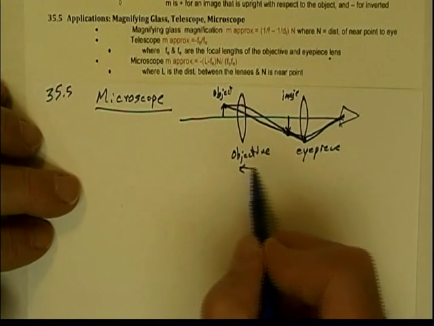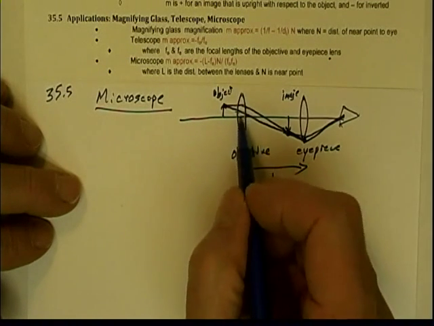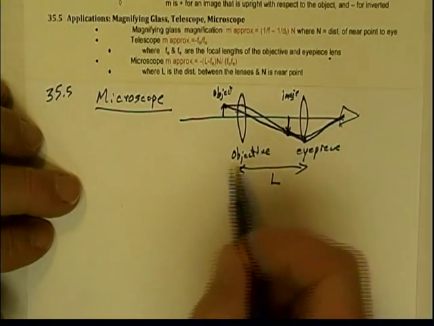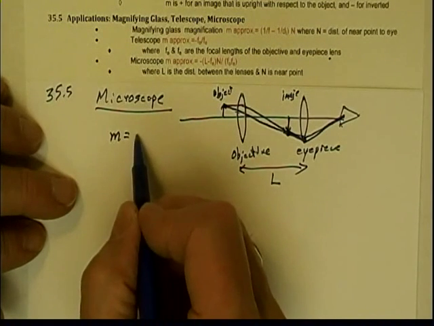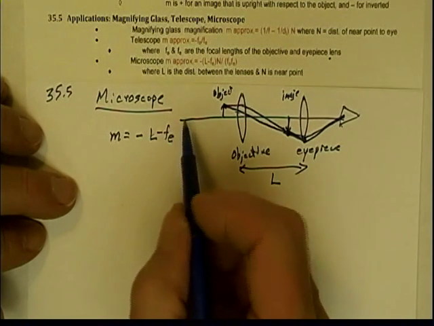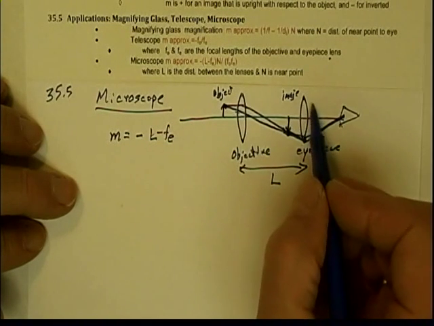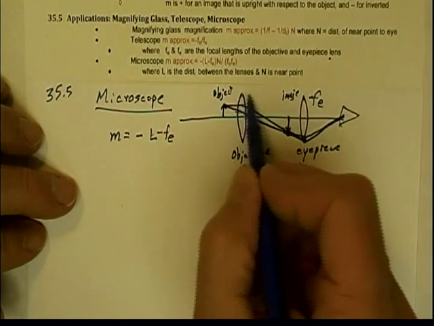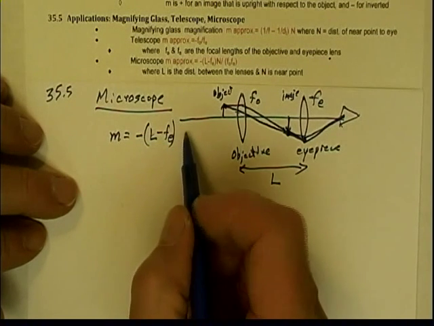The distance between these might be some length L, and it is of course a rather complicated situation, but the microscope has a magnification which is approximately minus (L minus Fe) times N, divided by Fo times Fe, where Fe is the focal length of the eyepiece and Fo is the focal length of the objective.